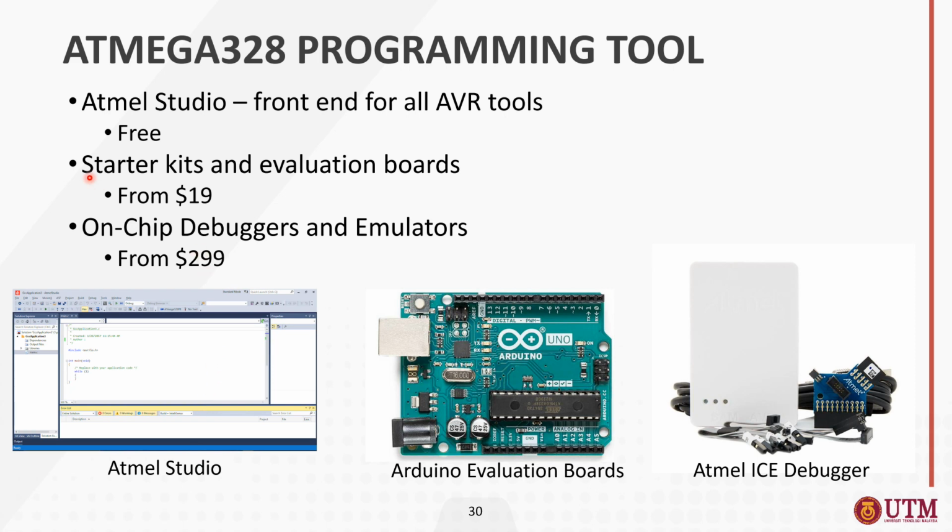Next are the starter kits and evaluation boards. The price is from around 19 USD. An example of a starter kit and evaluation board is the Arduino. This is the Atmega 328P chip, which has been used in the Arduino.